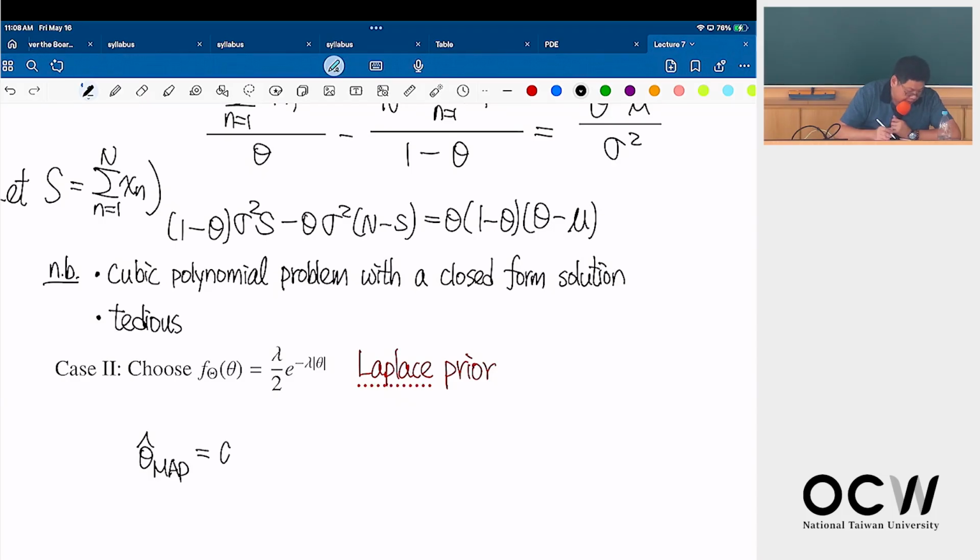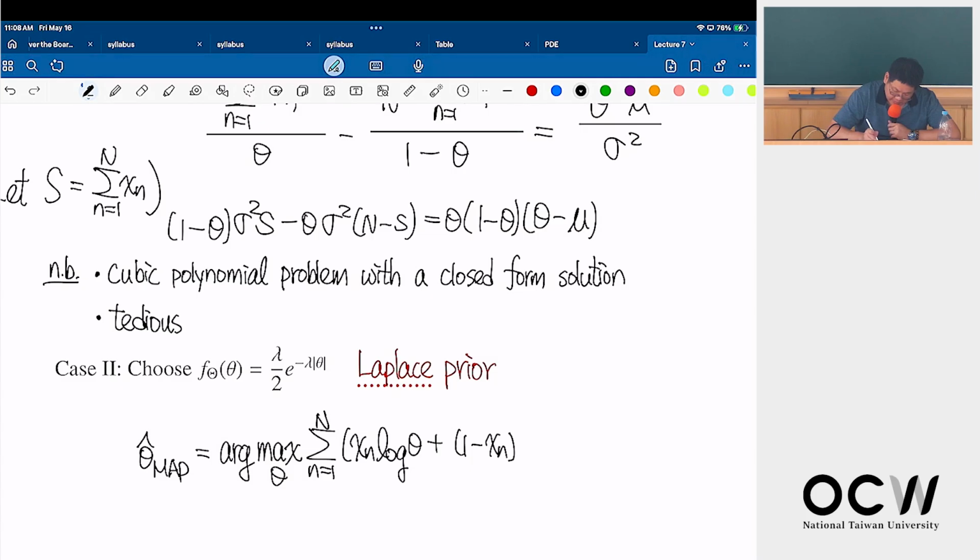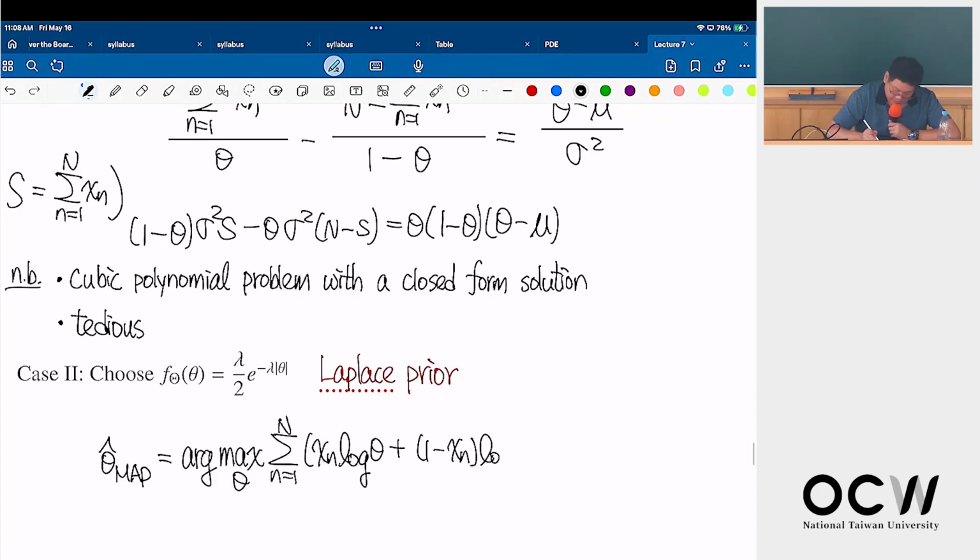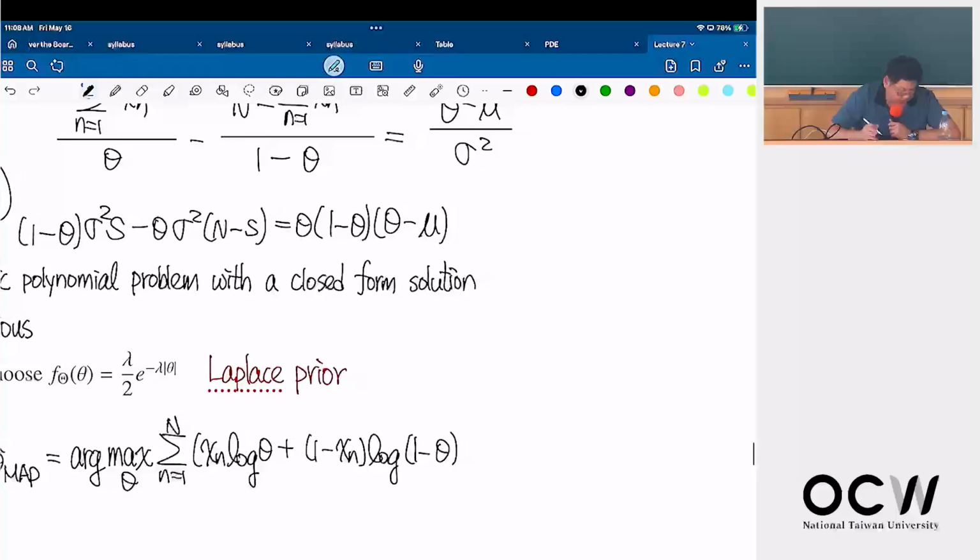Theta should be the likelihood terms minus lambda times the absolute value of theta.